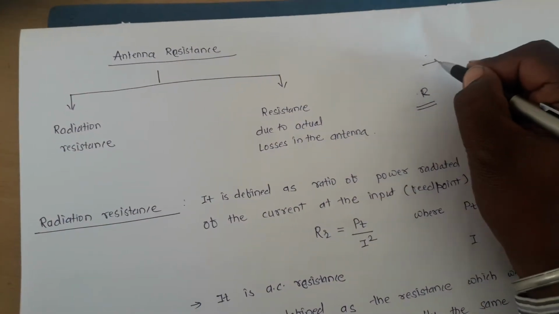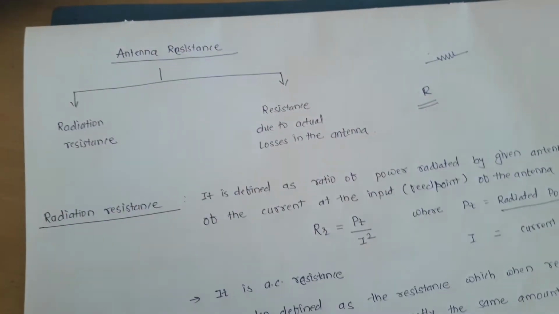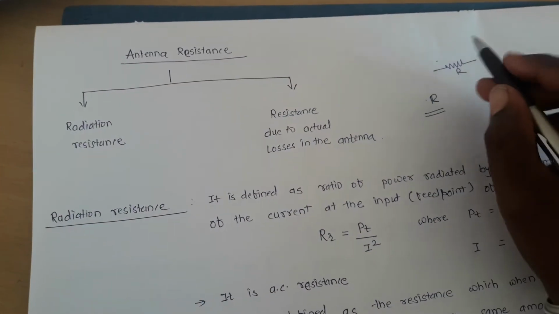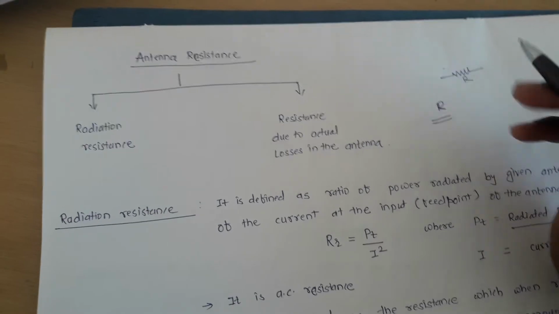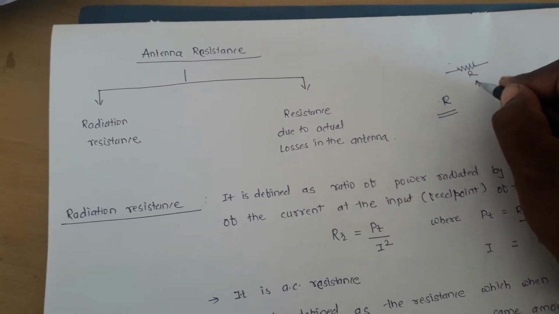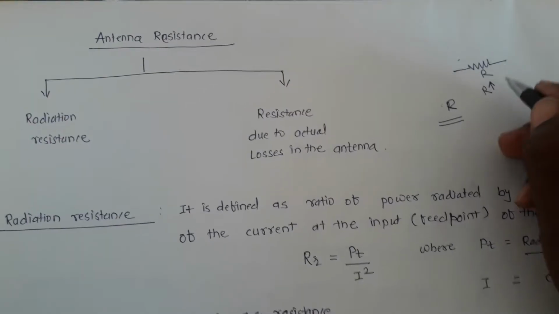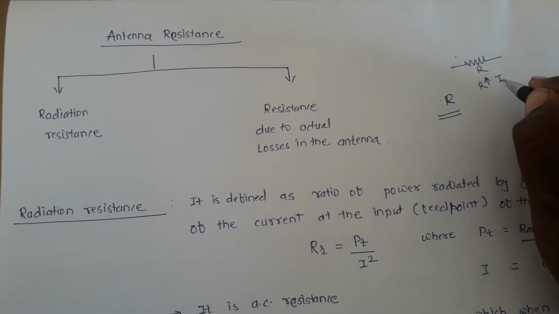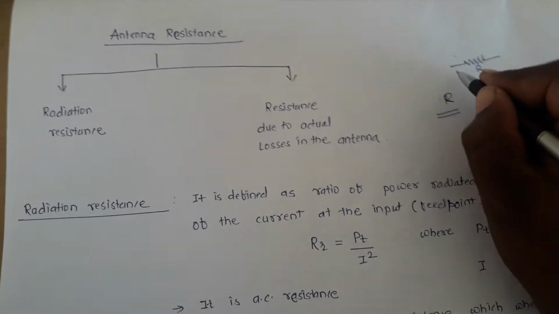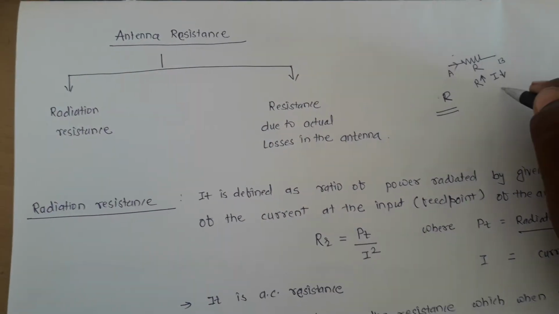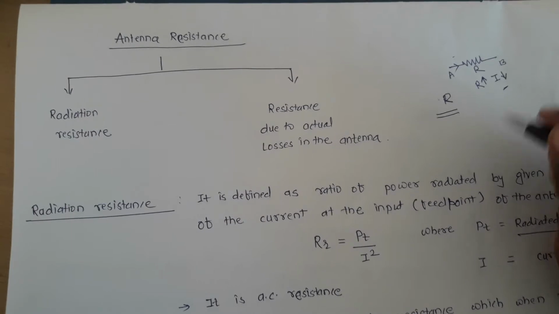Suppose I am drawing the symbol of a resistor here, R. If the resistance R is more, then the current flowing through this resistor, suppose from point A to point B, is less or minimum.